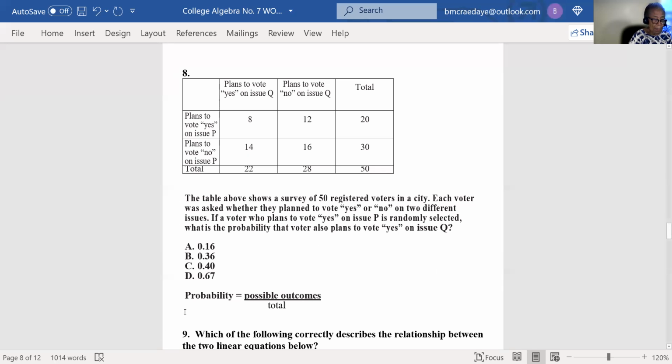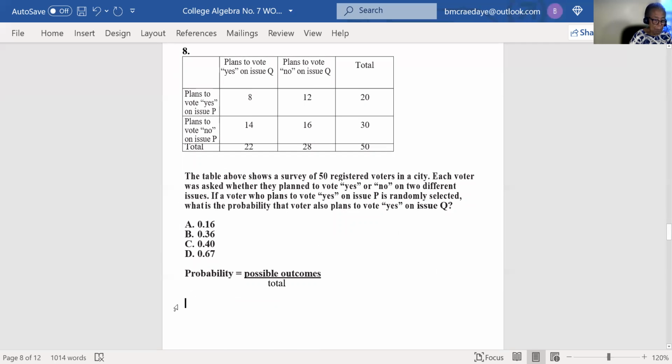I'll just say P for probability. The possible, and I showed you in the table, I'll show you again, 8 possible yes on issue Q and yes on P, that's 8, right? So possible outcomes is 8. And here you see the total is 20, right? So let's just put this on the line and put 20 here.